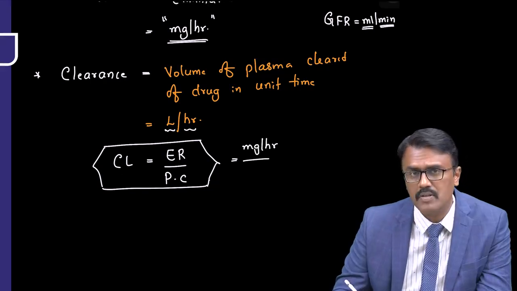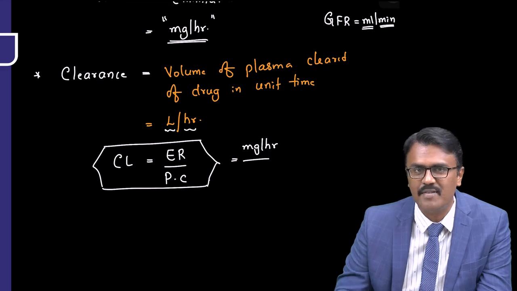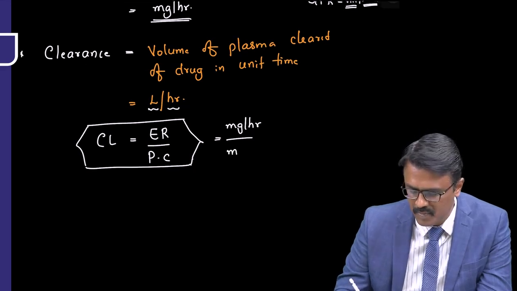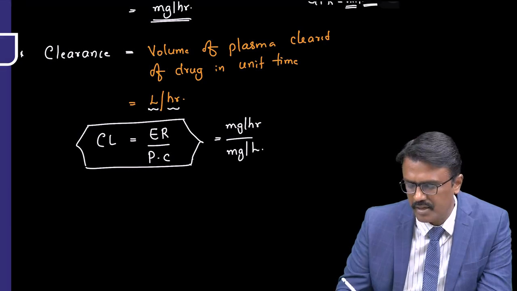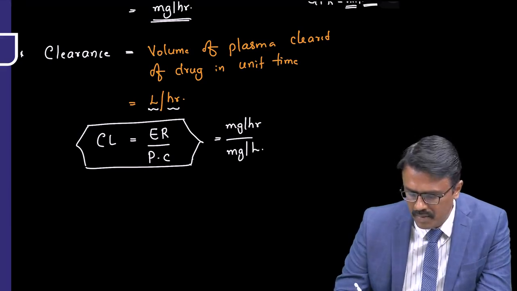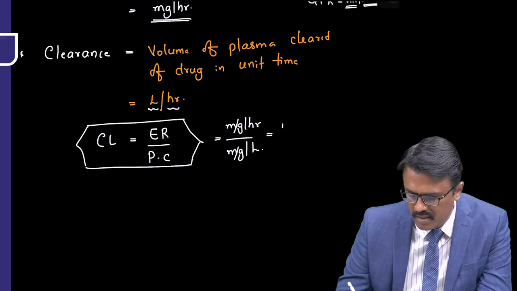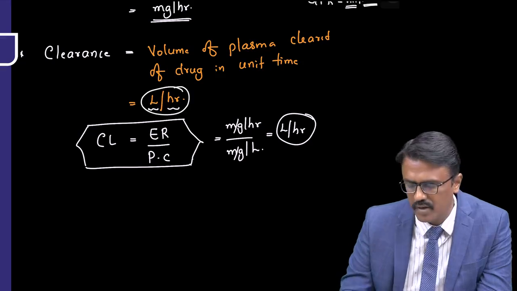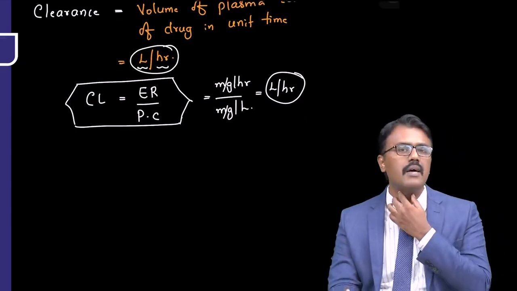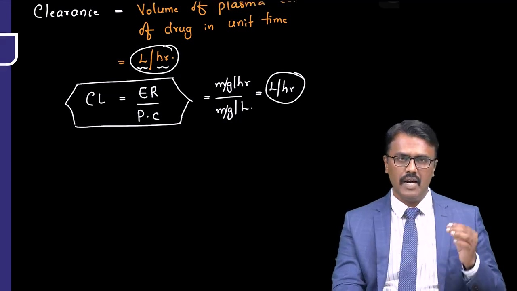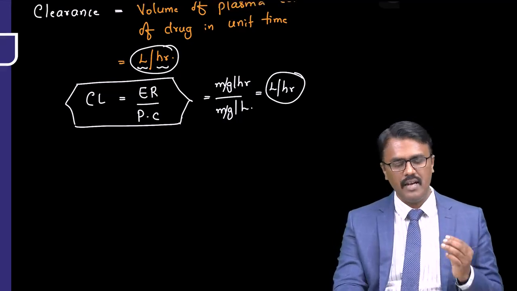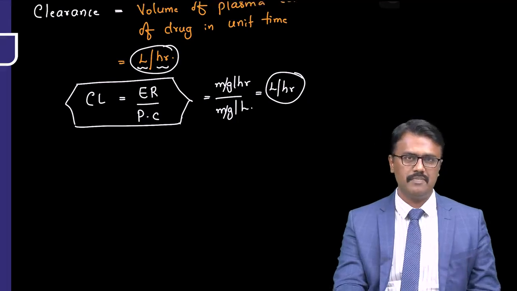What is the unit of plasma concentration? You know it, we have discussed it in volume of distribution. It is milligram per liter. Now again milligram cancels and you get liter per hour, the same unit we have here. So that is clearance. Currently we know half-life, elimination rate, and the clearance concept.